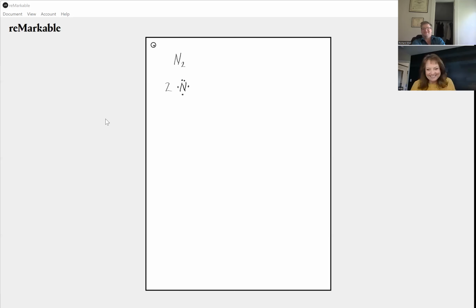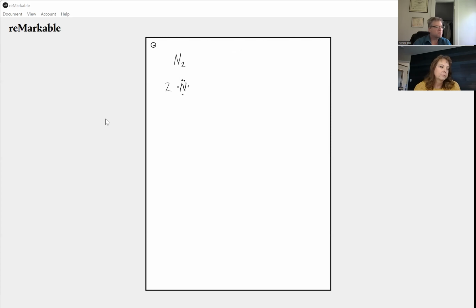Nitrogen, again, first period, start at the beginning of the period, count the number of blocks over: lithium, beryllium, boron, carbon, nitrogen. 5 valence shell electrons. If you're down further, remember to skip the transition metals.